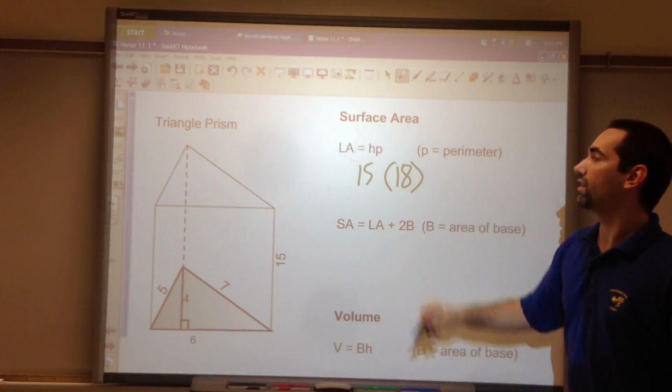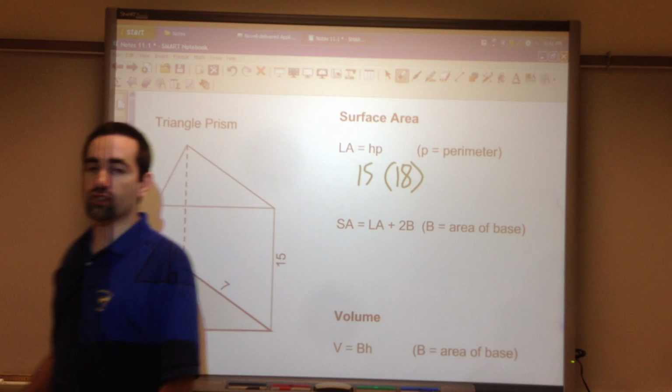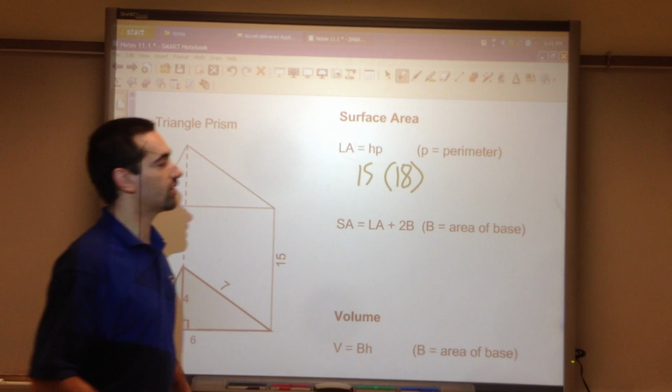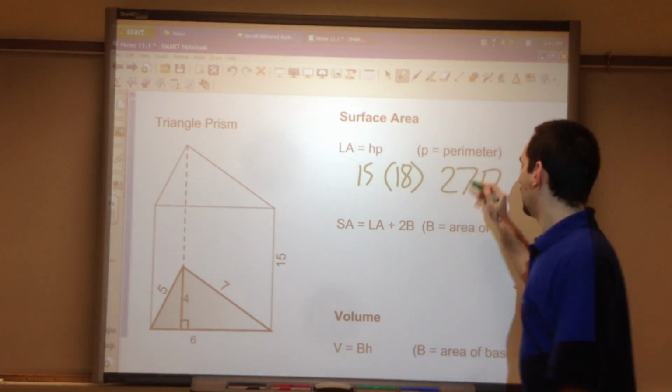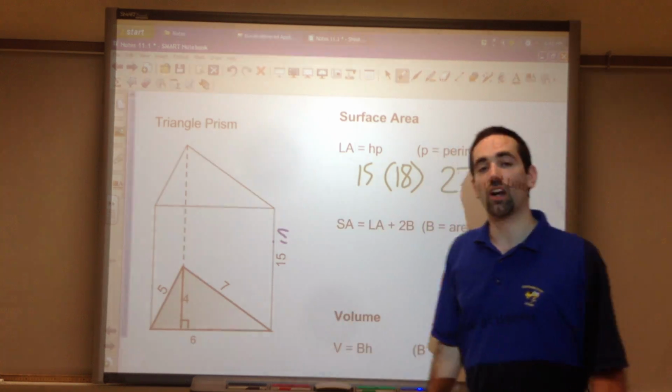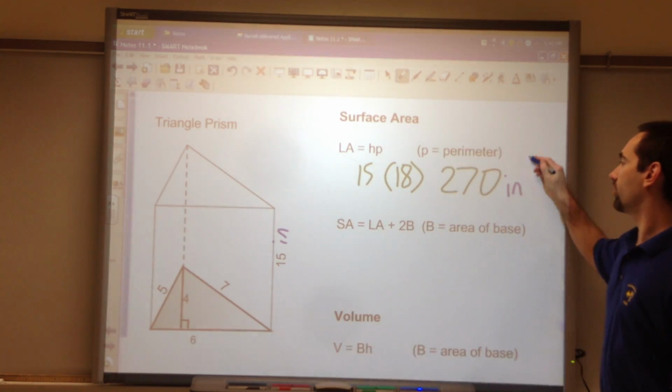So that's 15 times 18. And so for the lateral area, we get 270. Again, if these were inches this time, this would be inches squared.